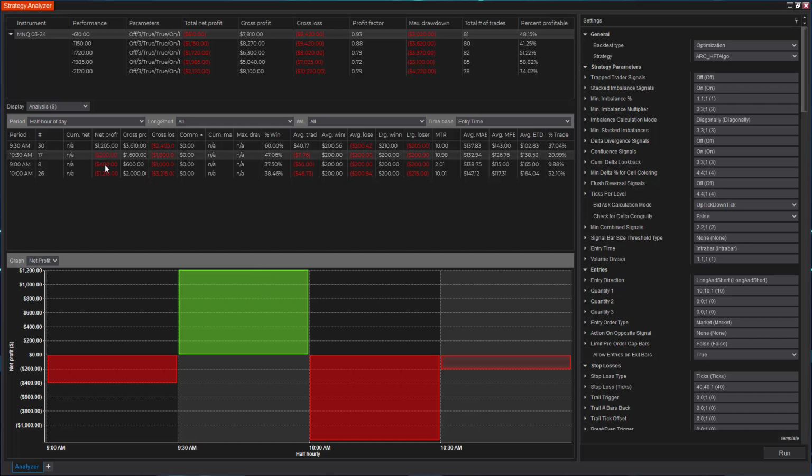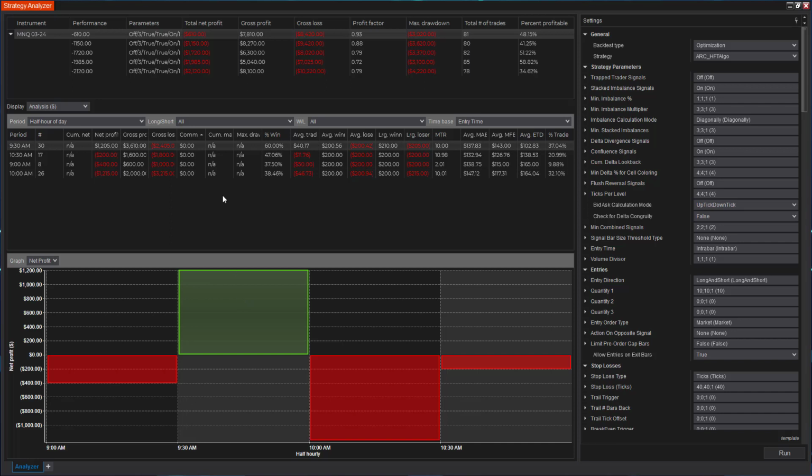Now, the other, 10:30 to 11 actually, these two times aren't that bad. 200, 400. Normally I would not look to really exclude those. The time that I was really looking at though, especially, was 10 o'clock and after, and we can see in this case that it was not profitable for that time.